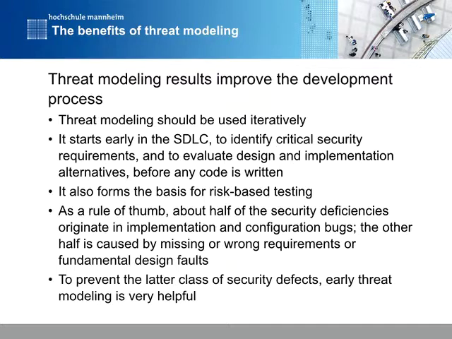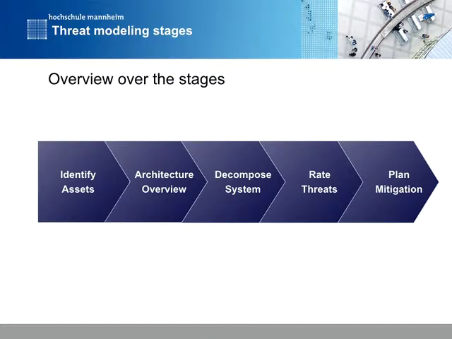Okay, so let's look at the process. How does it look like? You have five big steps. Identify assets. Describe an overview of the architecture of your solution. Decompose the system.